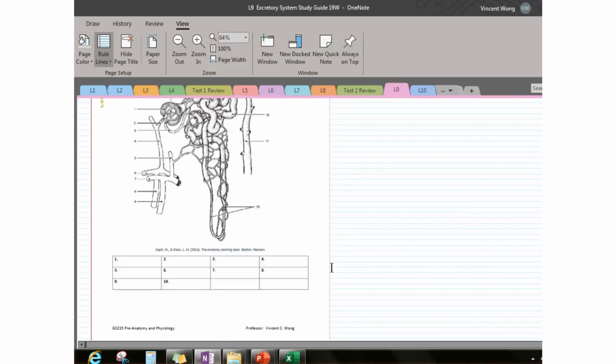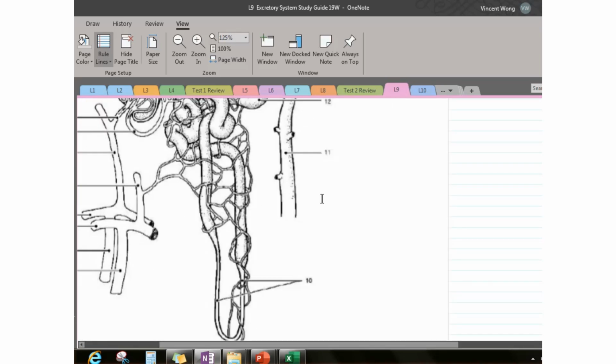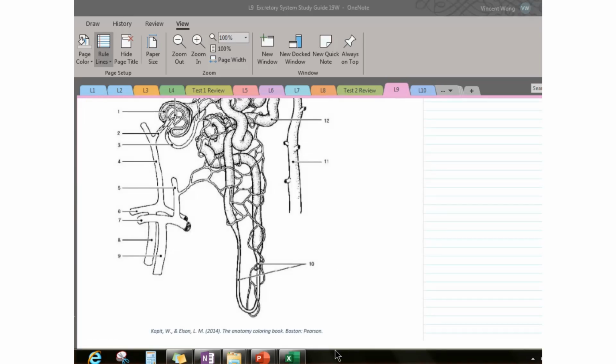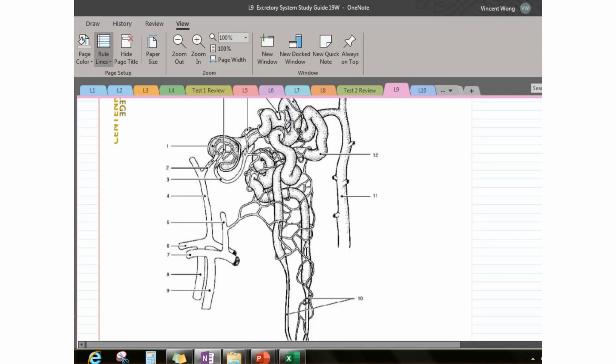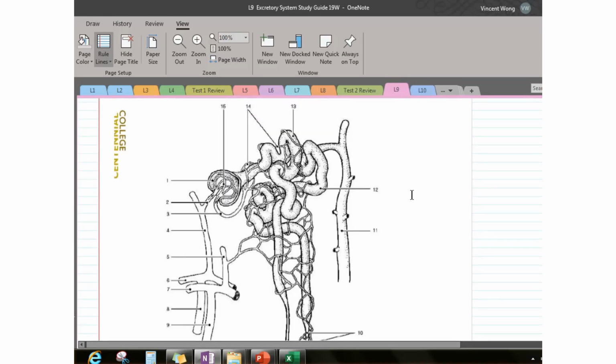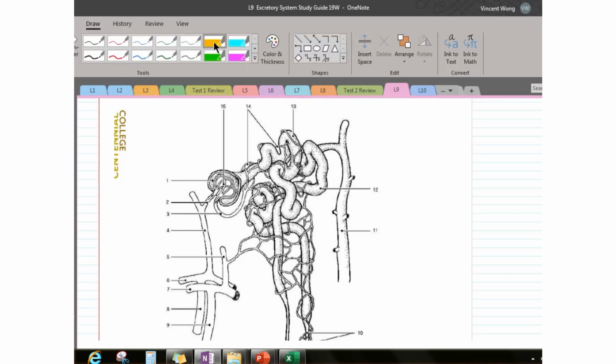So now let's move on to the more complicated one on page 62. I definitely encourage you to try to label this on your own first before watching the video. So maybe pause it first and do it on your own before watching. In any case, let me highlight the nephron for you here.